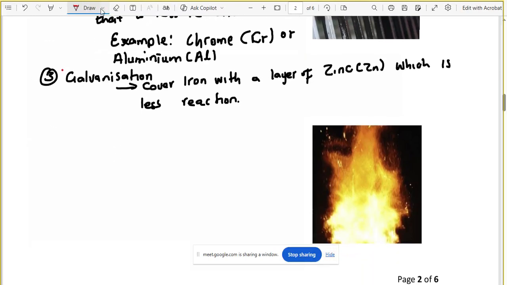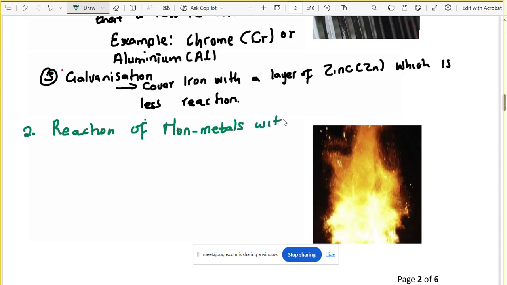We're going to look at the reaction of non-metals with oxygen.